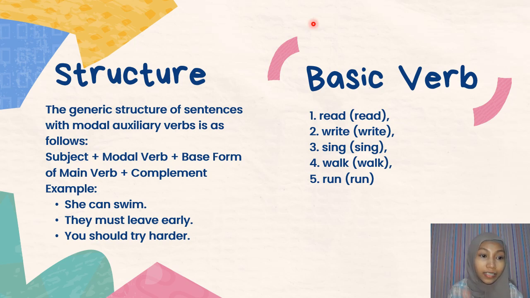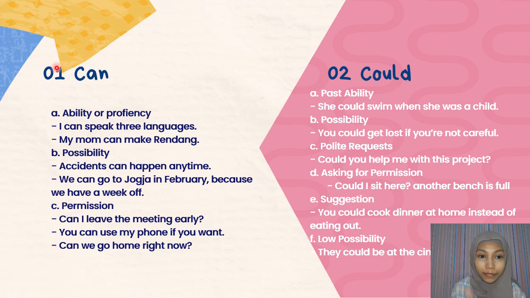Next is the function of modal auxiliary verbs. The first is can. Can is used to express someone's ability to do something, ability or proficiency.